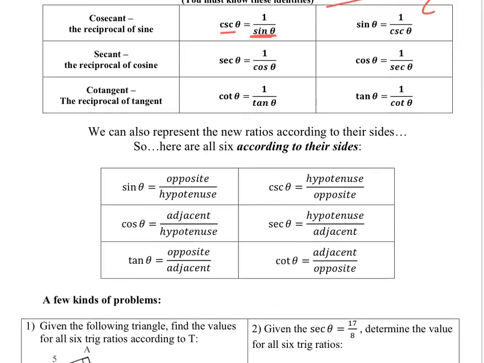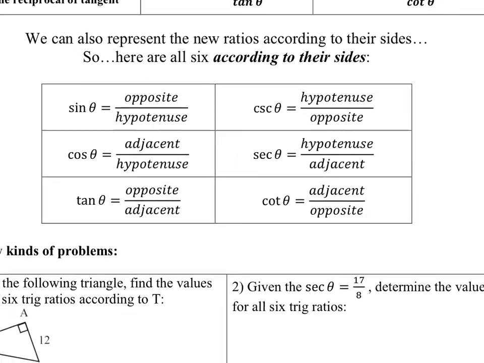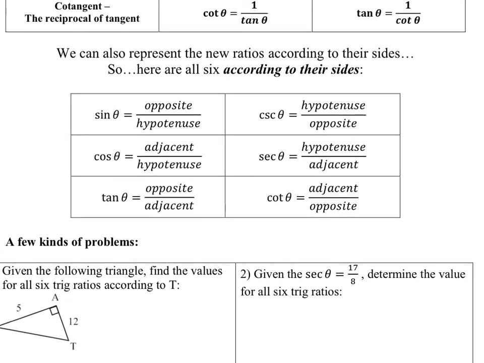Since the 1 over thing just simply means you flip it, if you know that the sine of theta is opposite over hypotenuse, since cosecant is simply the flip or the reciprocal, it's the hypotenuse over opposite. That's it. So you know cosine is adjacent over hypotenuse, secant, you flip it.